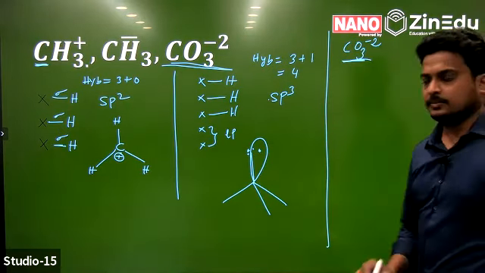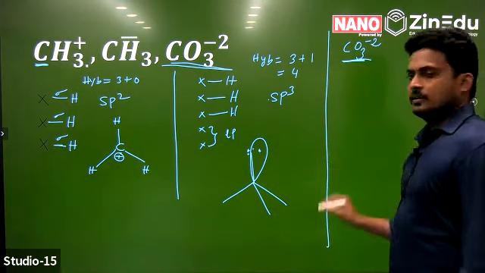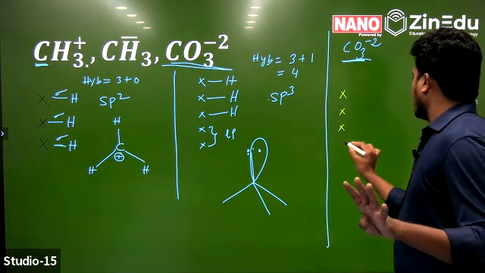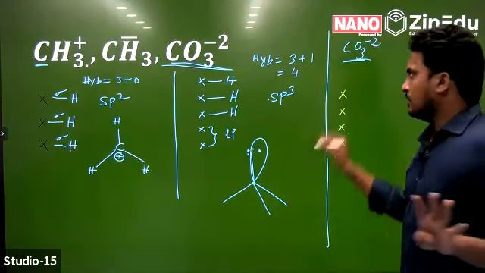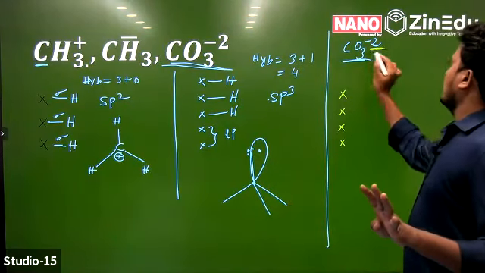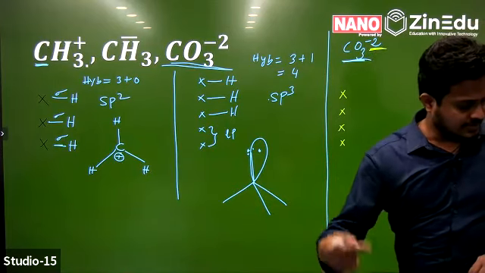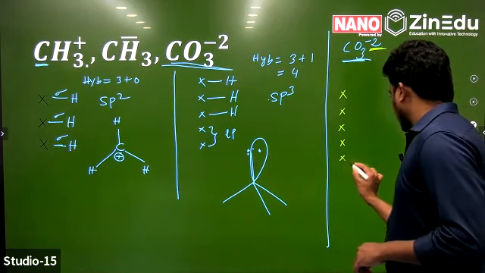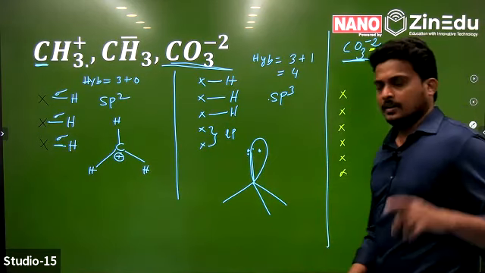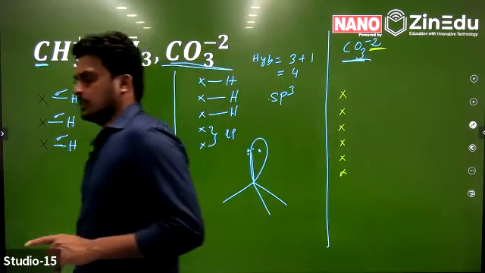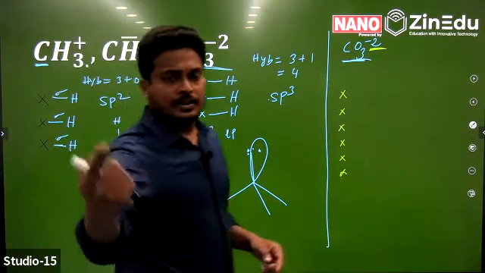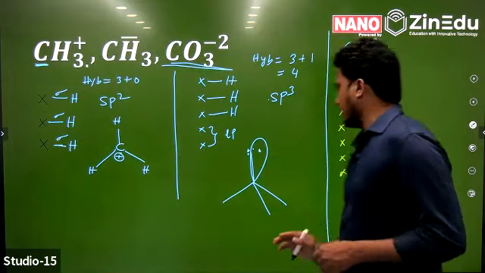Carbon is the central atom, so it has 4 electrons, 1, 2, 3, 4. But we have 2 negative charges. Negative charge always indicates an excess of electrons, so here we are adding 2 more electrons. Don't forget, it is the most important one. If you have a positive charge, remove electrons. If you have a negative charge, add electrons.